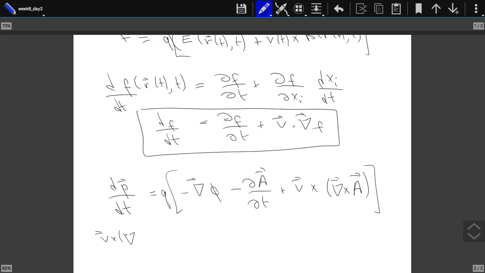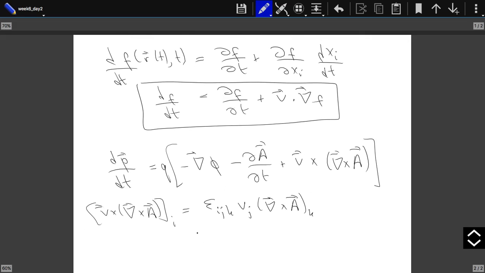Now v cross the curl of A is a vector. I can talk about its ith component, which will be epsilon ijk vj times the k component of the curl of A, which is epsilon klm del l Am.